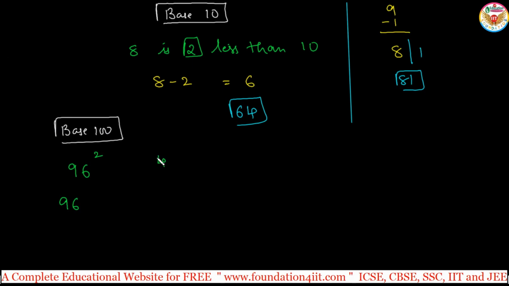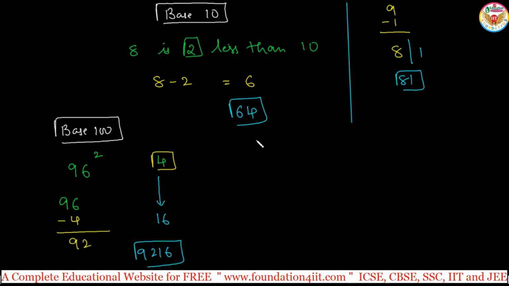That 4 should be in mind. Take that 4 and subtract it from 96. That is 92. That's the first step. Next, whatever is less now, that number square. 4 square is 16. So 92 and 16. 9216 is the answer of 96 square, right?